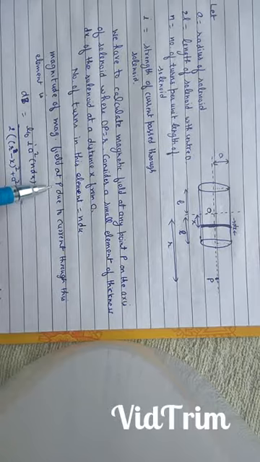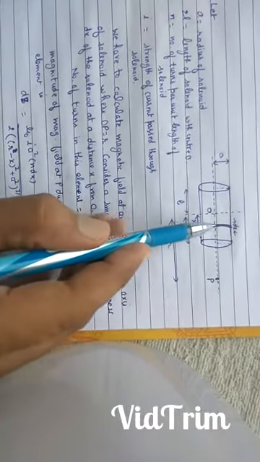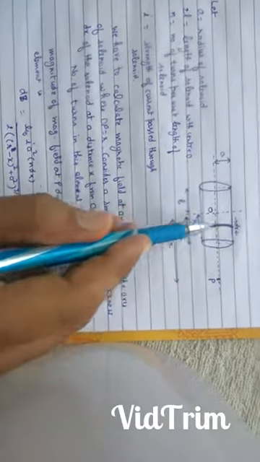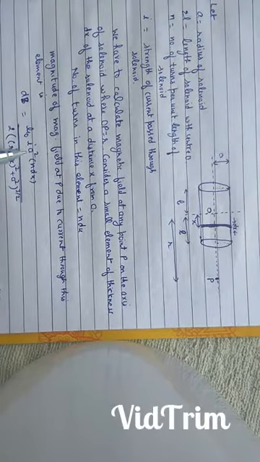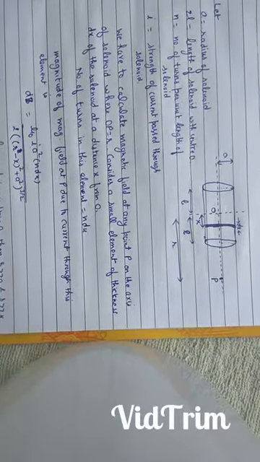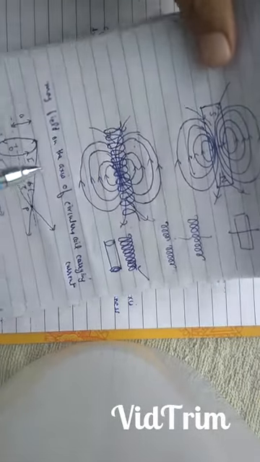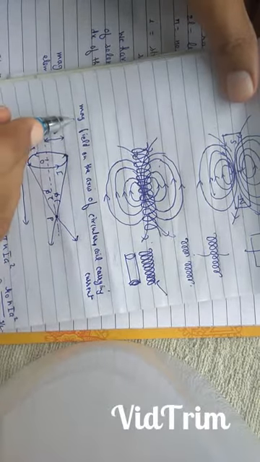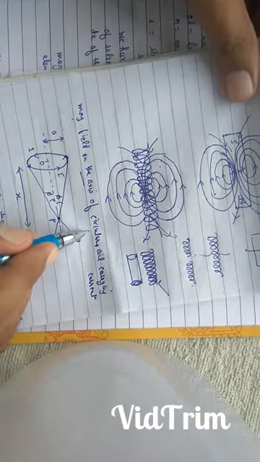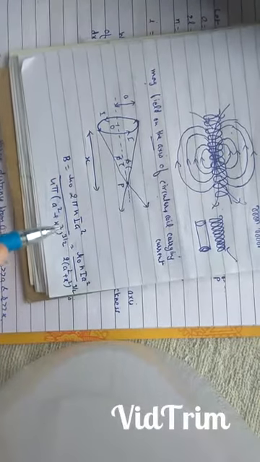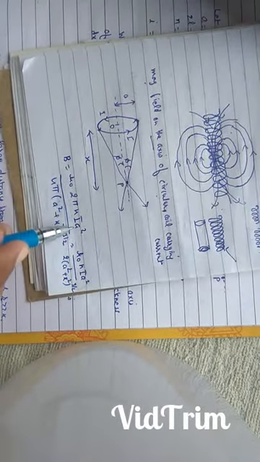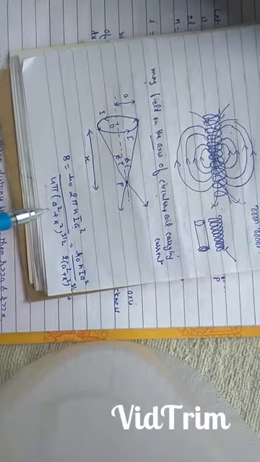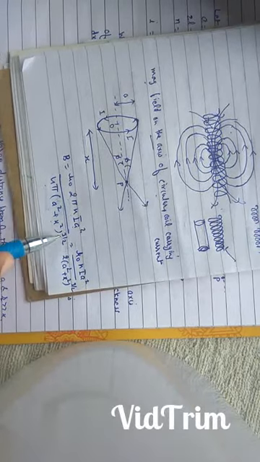The magnetic field at point P due to the current through this element is mu naught I a square n dx upon 2 into (r minus x) whole square plus a square, whole raised to power 3 upon 2. Because we have calculated in our earlier topics the magnetic field on the axis of a circular coil carrying current, and this comes out to be mu naught 2 pi n I a square divided by 4 pi into a square plus x square whole raised to power 3 upon 2.